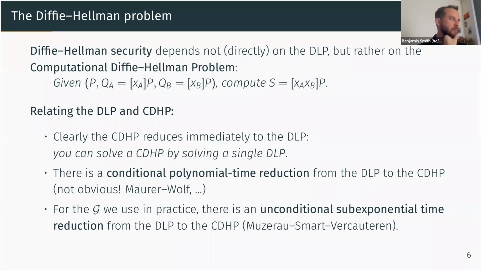The conditions are mathematically implausible, but they still work in practice, which is kind of cute. But if you relax them and allow yourself a sub-exponential reduction, then you can make this unconditional. Even if it's sub-exponential, you're using this basically to beat an exponential algorithm, so it's fine.